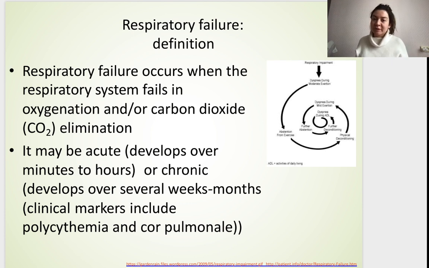All syndromes and diseases that we discussed before can lead to respiratory failure, a generalized failure of our respiration. Respiratory failure may be acute, developing over minutes to hours, or chronic, developing over several weeks, months, or sometimes even years. Clinical markers include polycythemia and cor pulmonale.